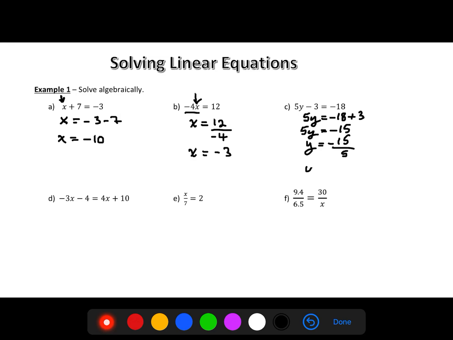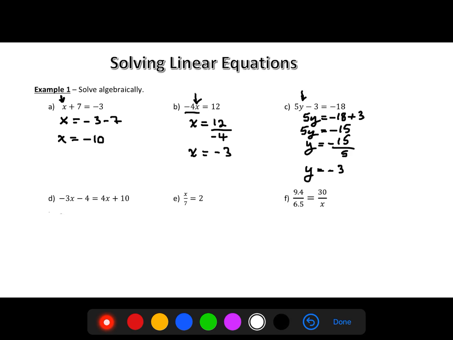Then we're going to take our 5 to the other side, was multiplying on the left, which means it becomes dividing on the right, which means that x is equal to -3. Again, double checking, 5 times -3 is -15, take away 3 does give us our -18. Our equation is true.